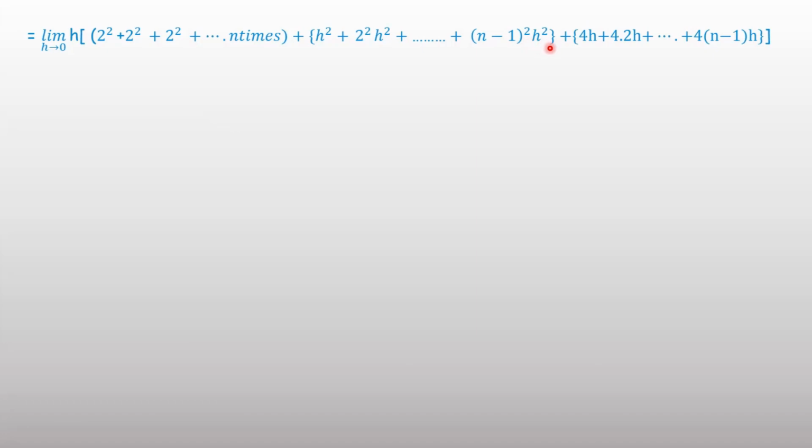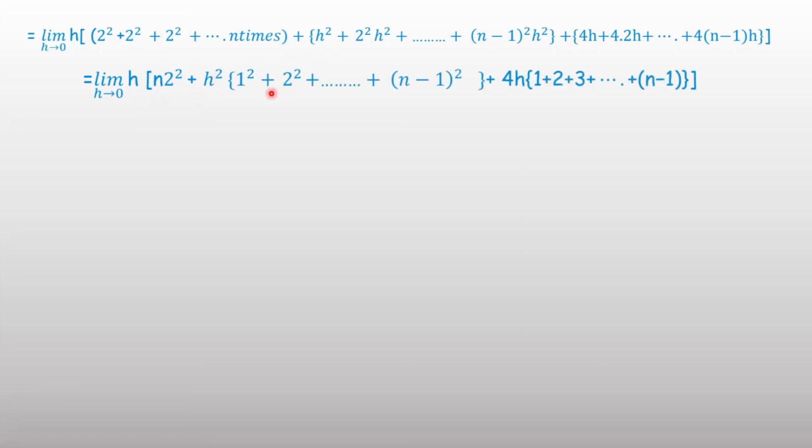Then the collection of the third term from every term: 4h plus 4 into 2h up to 4 into (n minus 1)h]. Here 2 square plus 2 square, n times, so its value will be n into 2 square, plus h square common, inside the bracket 1 square plus 2 square up to (n minus 1) square, plus 4h common, 1 plus 2 plus 3 up to (n minus 1).